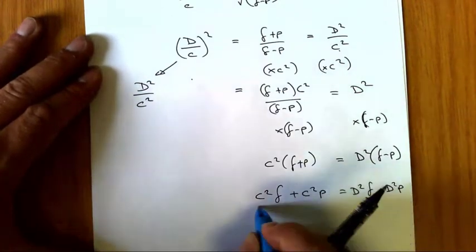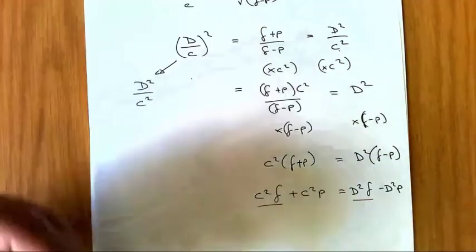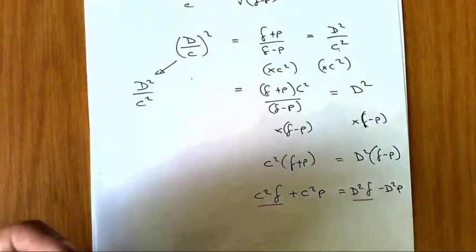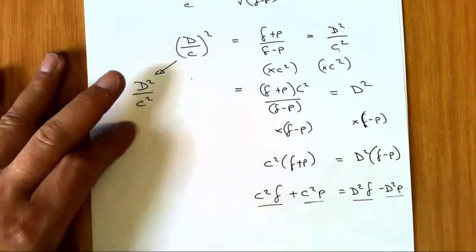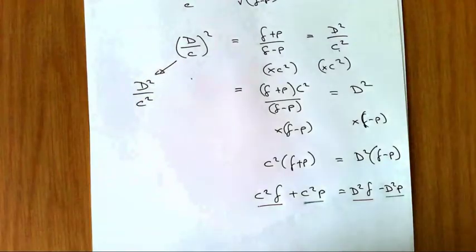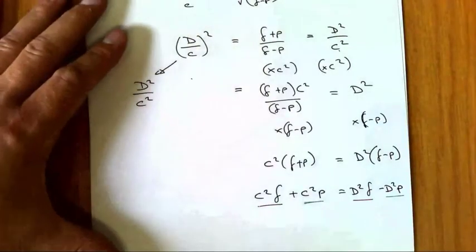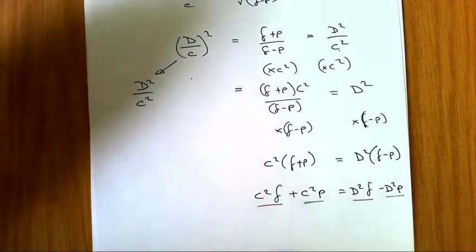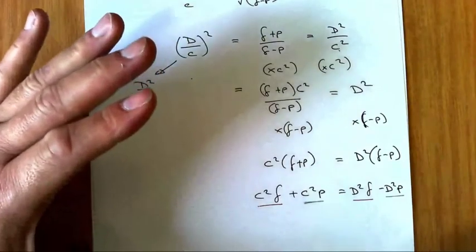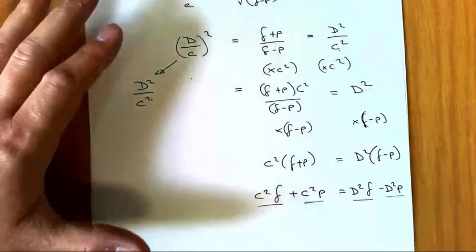You can see we've got two terms which have f in it, and two terms which don't have f in it. You should be able to rearrange those so the f's are on one side, and this time I'm going to put them on the left hand side, and all the terms without f's are going to be on the right hand side.